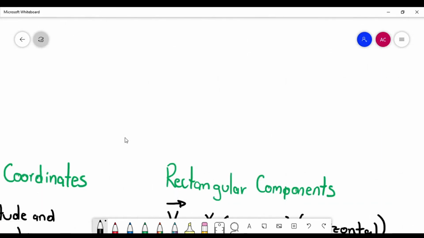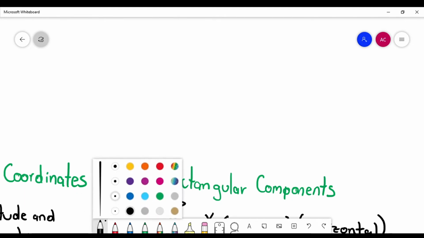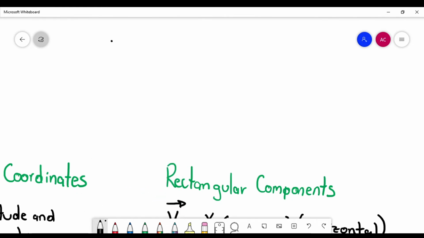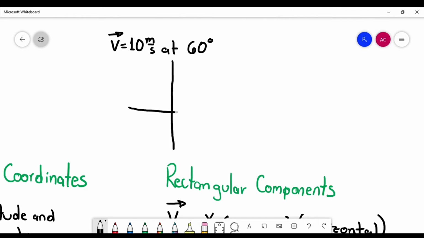Okay, so I'm gonna explain these two guys, but I'm gonna do it over here. Okay, so let's say that we have that vector, I don't know, the velocity vector, that is 10 meters per second at 60 degrees. Okay, then what I'm going to do, I'm going to draw it, and I need the Cartesian plane. So I'm gonna draw a single Cartesian plane like this.